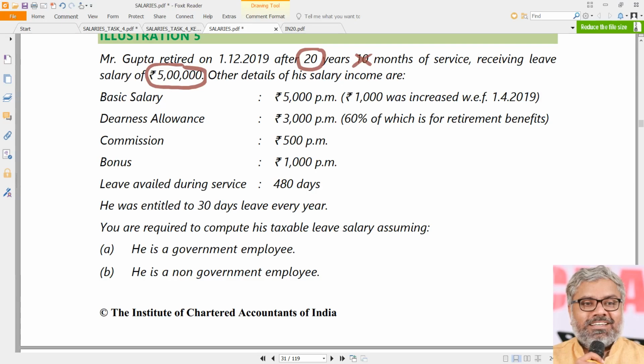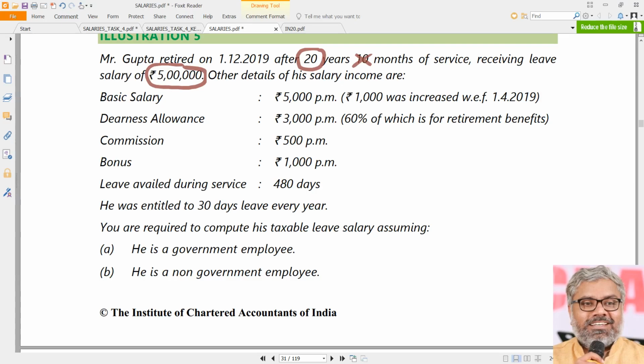But now look at the other details of basic salary. The basic salary was 5,000 rupees per month and 1,000 rupees was increased with effect from 1/4/2019. So here, fortunately, there is no difference between the period preceding the date of retirement and the month of retirement. Up to what date do we have to take? Up to November 2019.